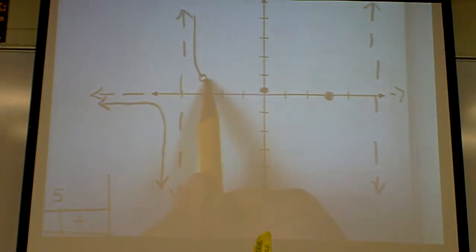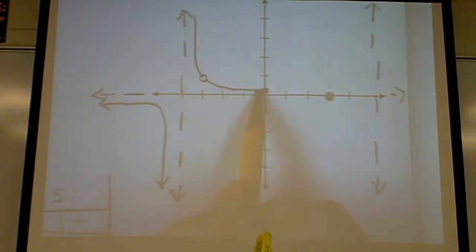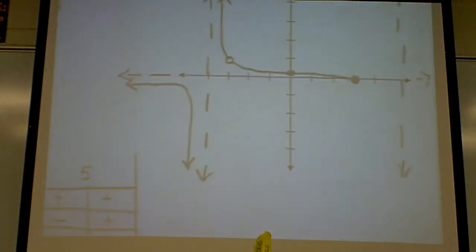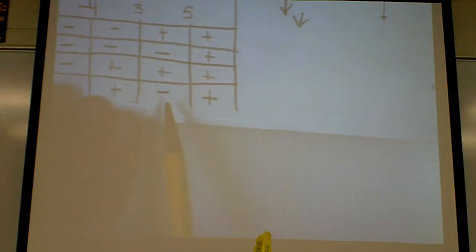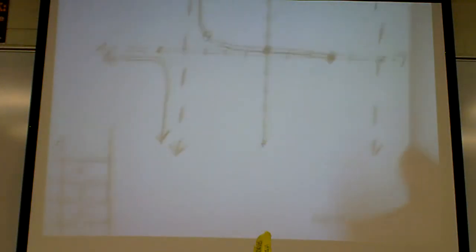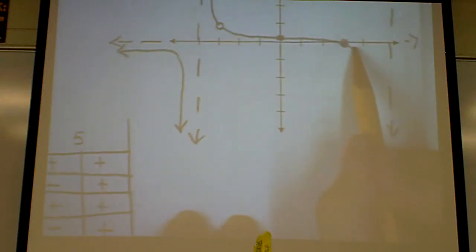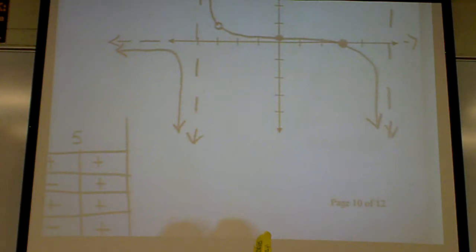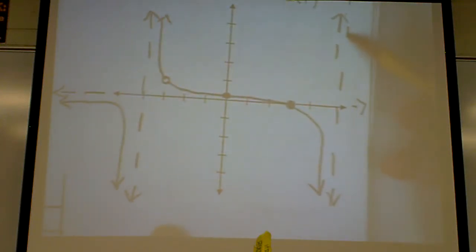It's not going to go through the hole. Like this and then like that. From 3 to 5, it is negative. So we'll go down. And from 5 to infinity, it's positive. So it's up here.